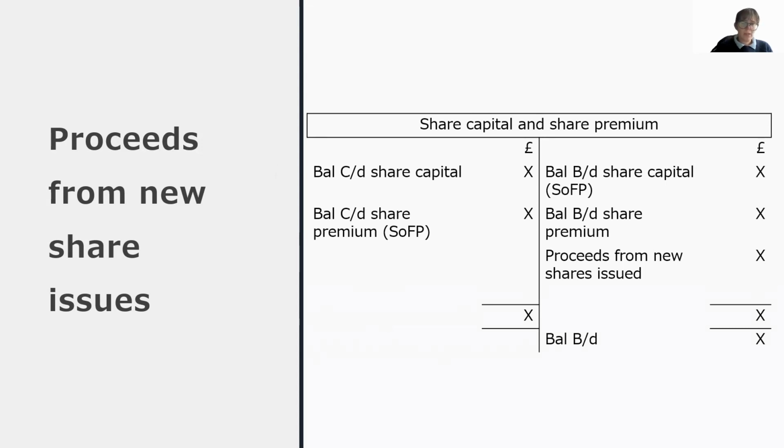So any balance brought down on any of those accounts are going to go into the credit side, whilst your balance carried down into the next period is going to be on the debit. If you do have any new shares issued during that financial period, that is also going to belong on the credit side, because ultimately it's being received. It's technically income.